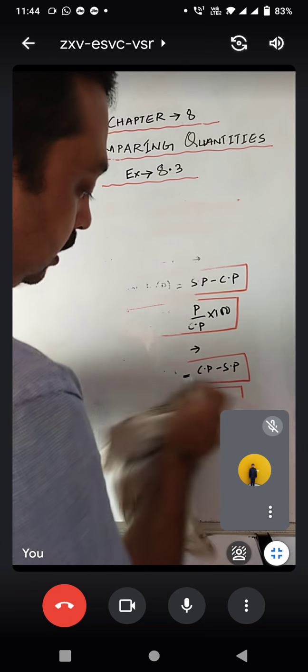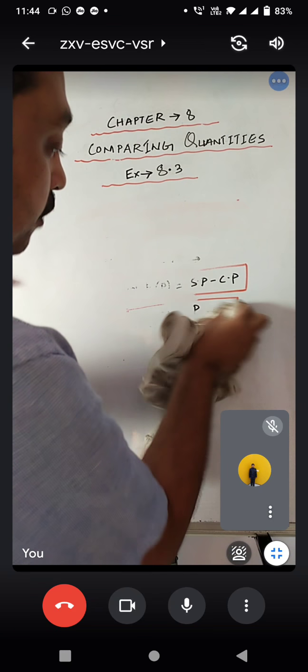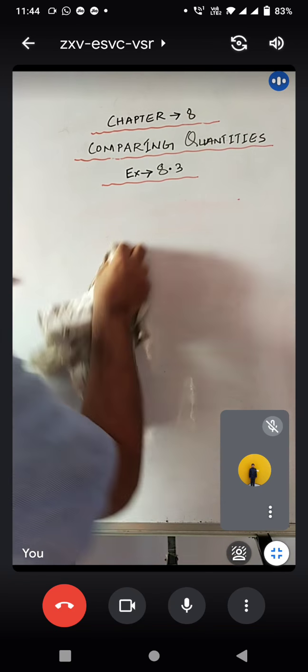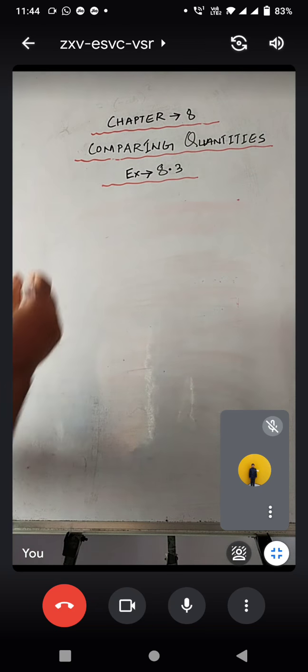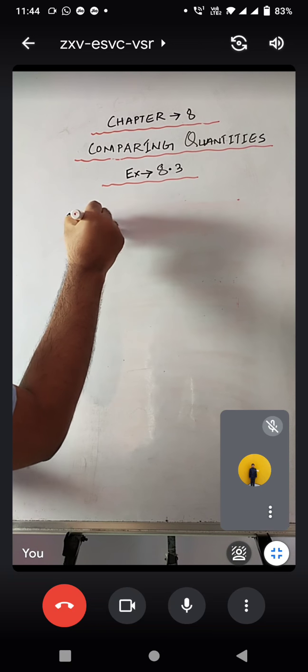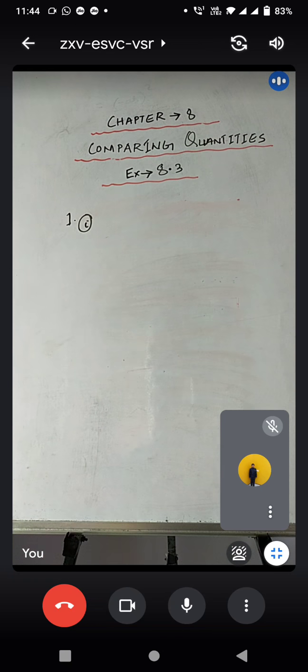In sum number 1 of question number 1, we have gardener shares bought for rupees 250 and sold for rupees 325.